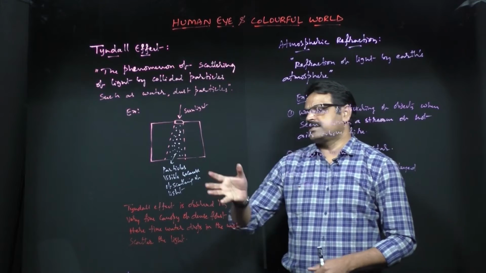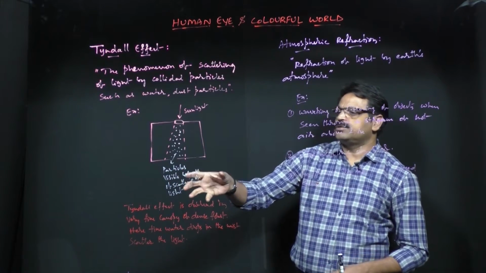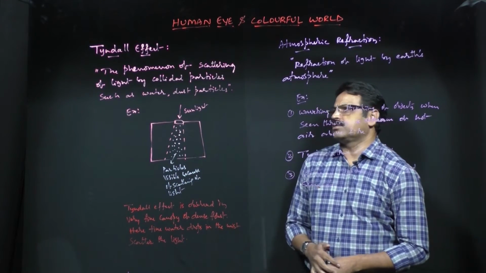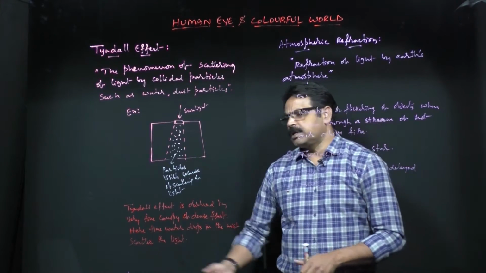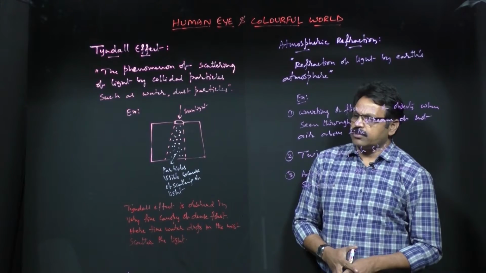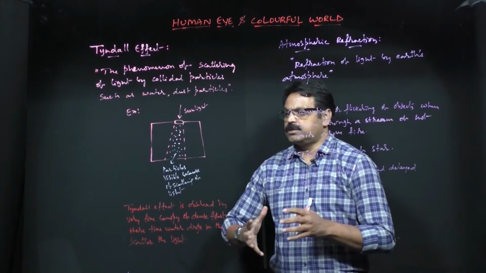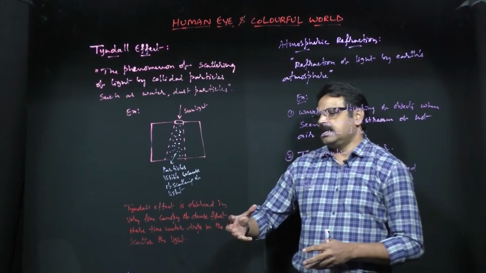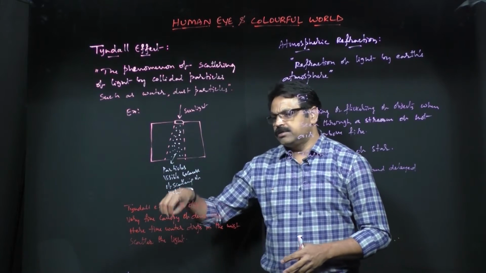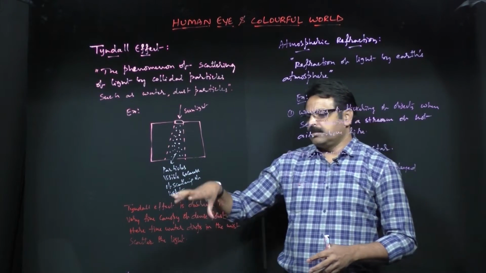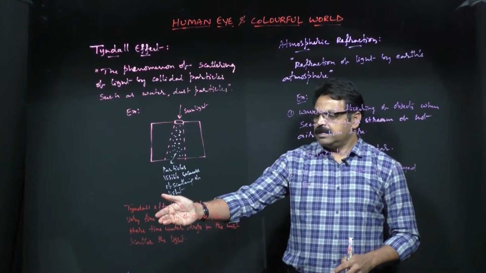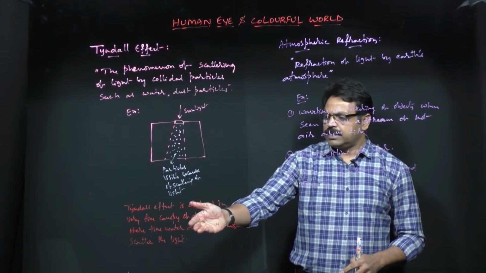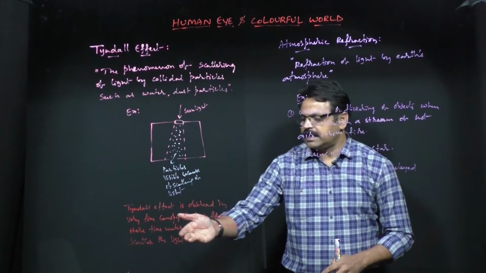That means the scattering of light takes place due to the colloidal particles. So this phenomenon is the Tyndall effect. The same phenomenon you can observe in dense forests also. When the forest is very thick, whenever the light enters through the fine gaps, the tiny water drops in the mist scatter the light.